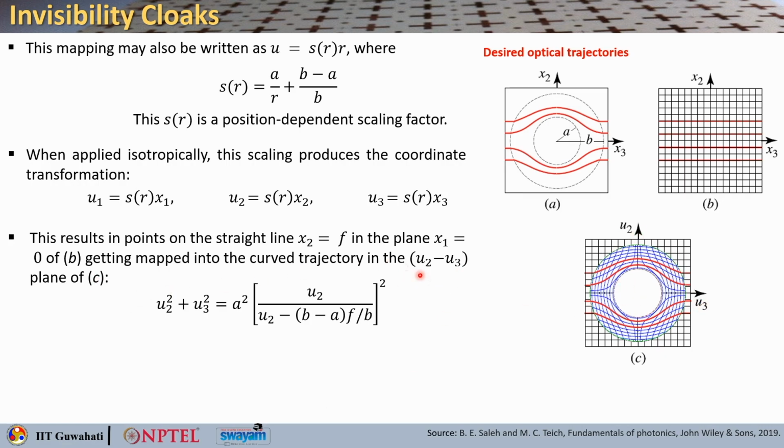The relationship is u2 squared plus u3 squared equals a squared times (u2 by (u2 minus (b minus a) times f by b)) whole squared.